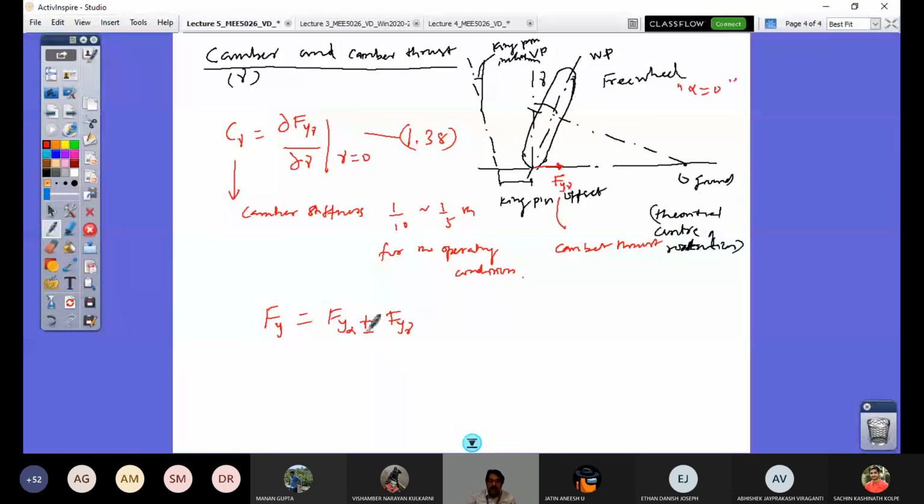So this equation is 1.39, and you have the substitution of this into this. That's going to be C alpha times alpha plus or minus C gamma times gamma, and this is equation number 1.40. So this is how you get your lateral force, which is also accounting the camber thrust, right?